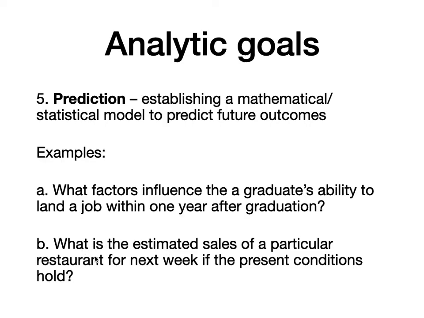So here your goal is prediction. Take note that there are 5 different analytic goals: central tendency or variance in the group, difference between or within groups, relationship, and prediction.